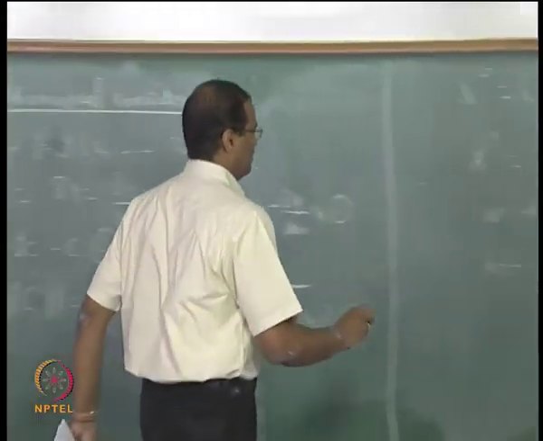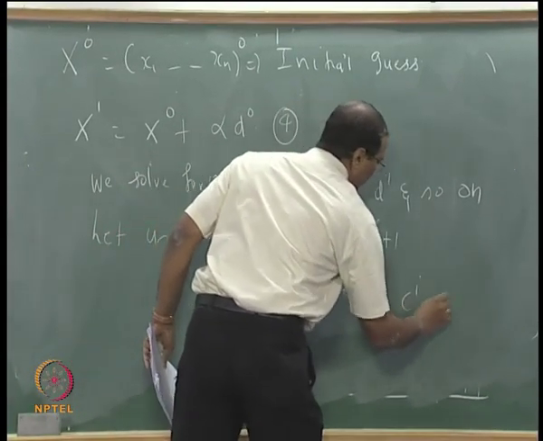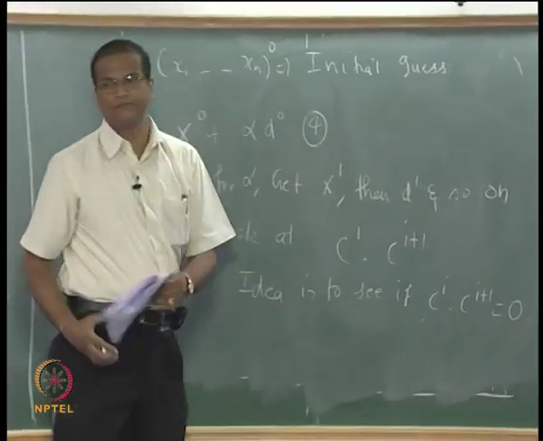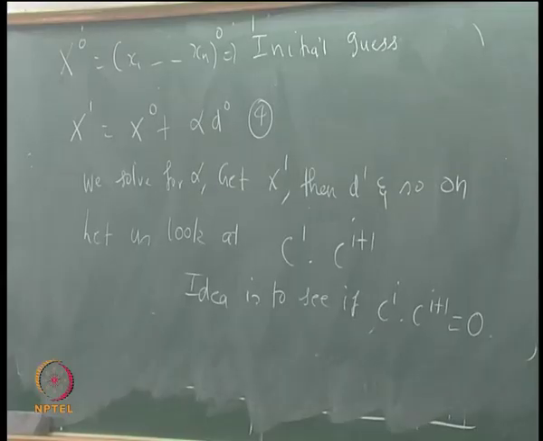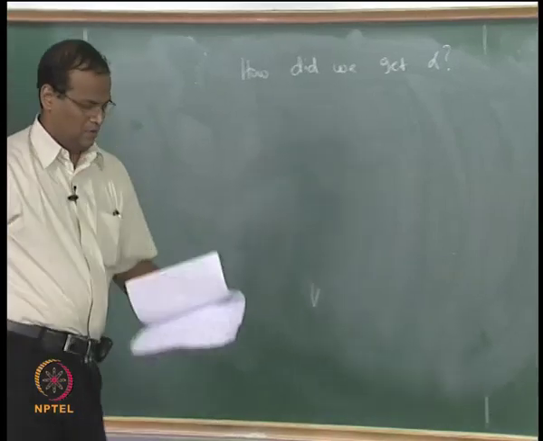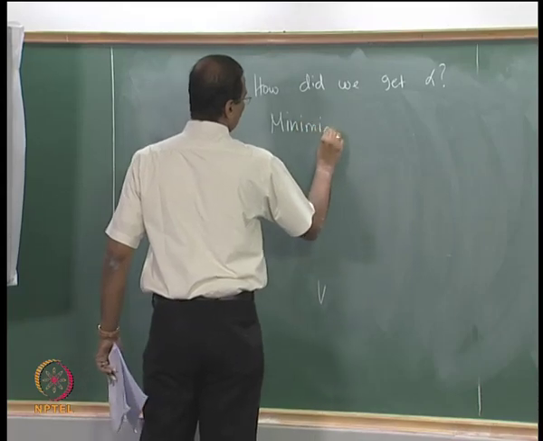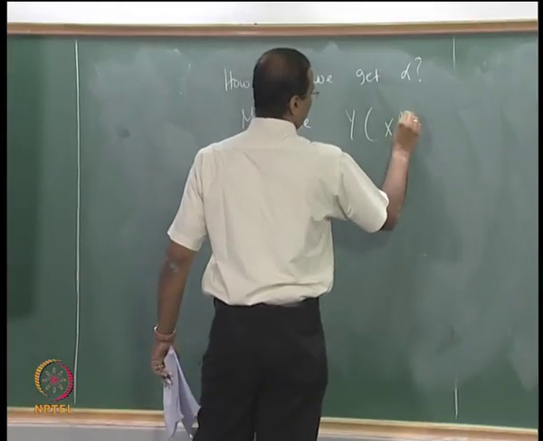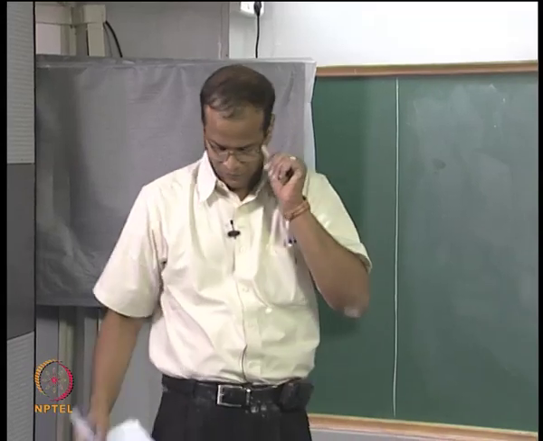Idea is to see this. How do you do that? How did we get alpha? We minimize y.